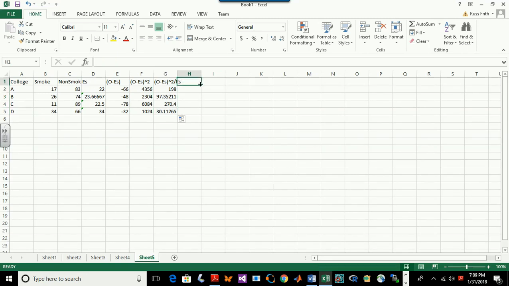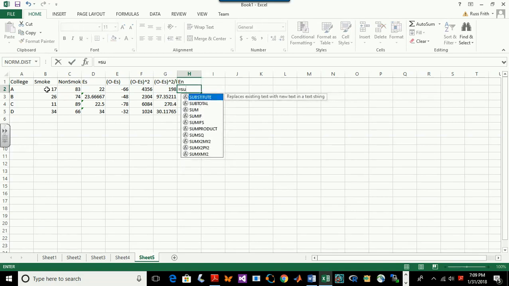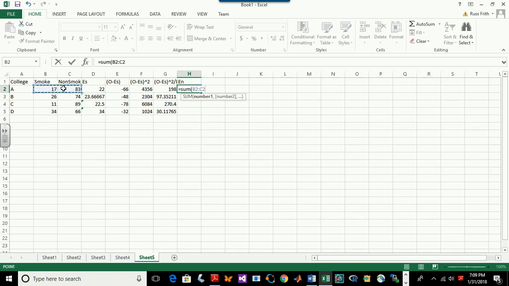So we would have the expected value of non-smoking. That would equal the sum of the row times the sum of the column, divided by the sum of everybody, the grand total.